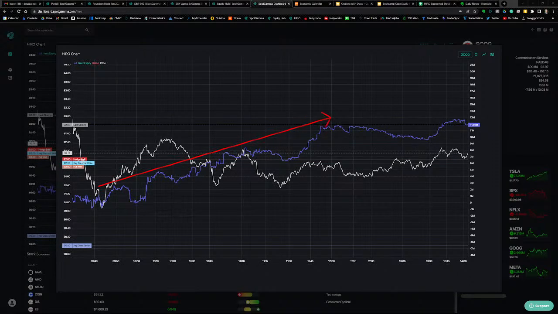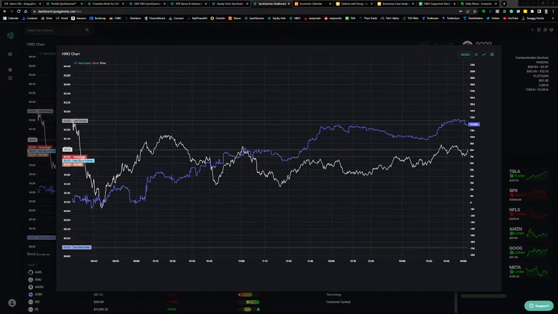Just watching the total line, price pretty much starts rising just about the same time. All right, let's go on.